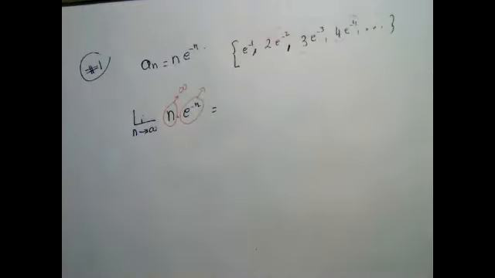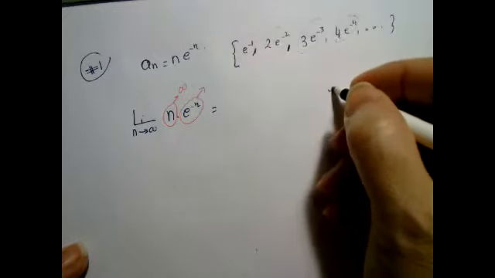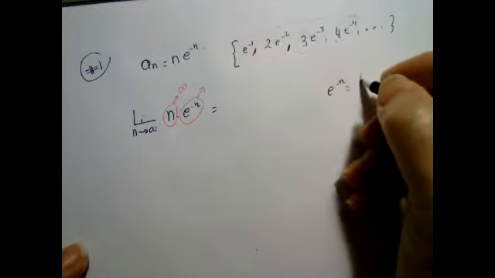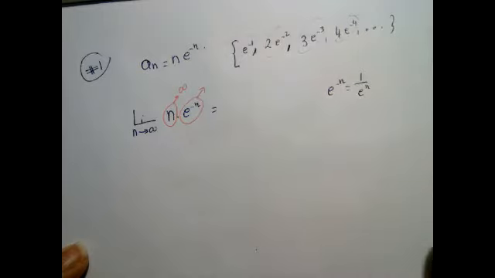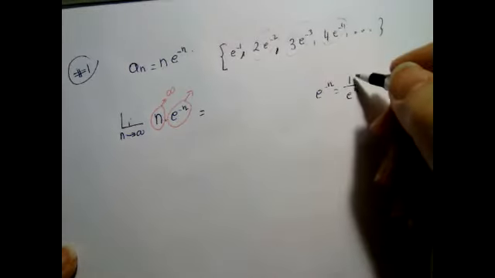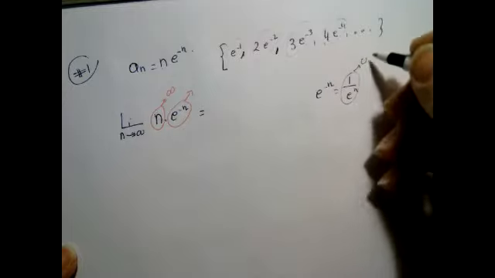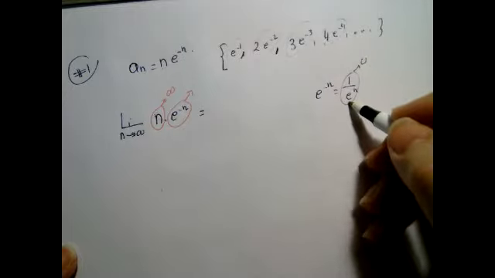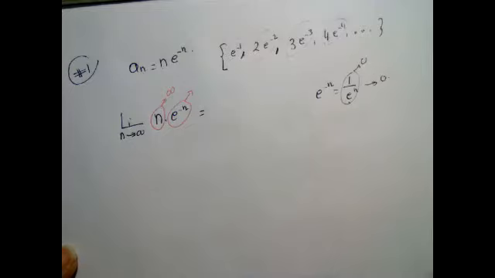Where does it go when n goes to infinity? e to the minus n is basically 1 over e to the n, right? So as n goes to infinity, e to the n goes to infinity, and 1 over it goes to 0. So this will now basically go to 0.